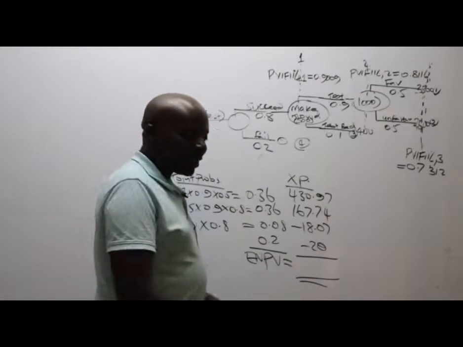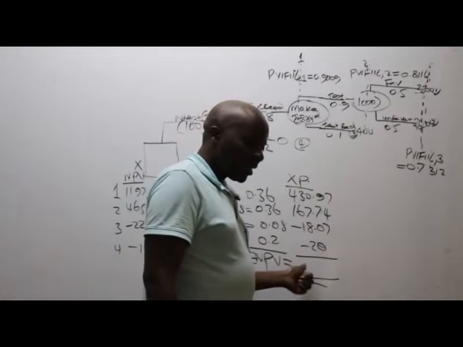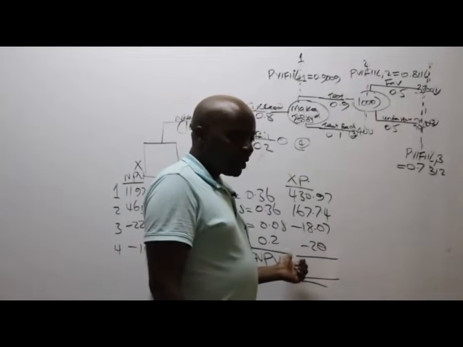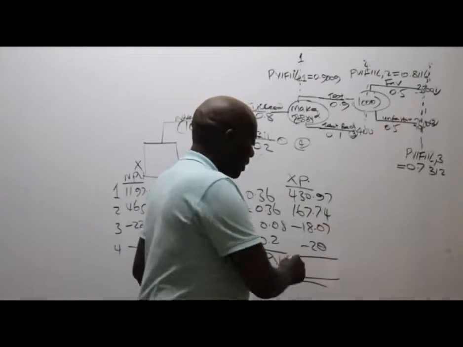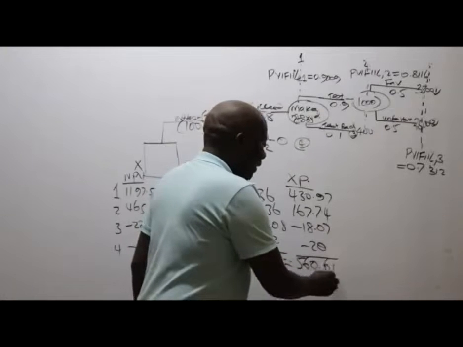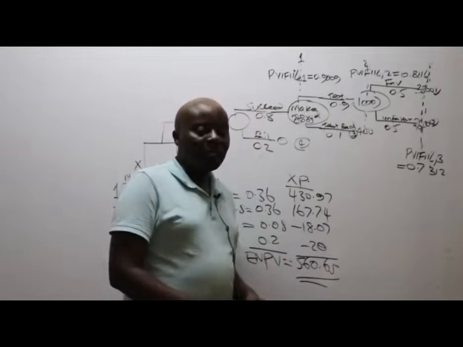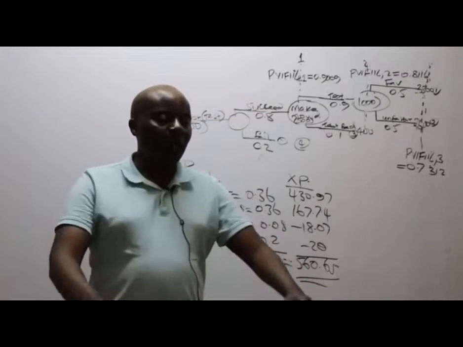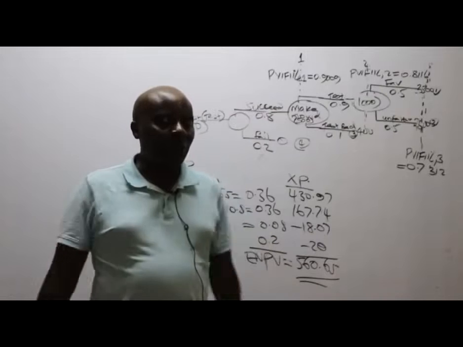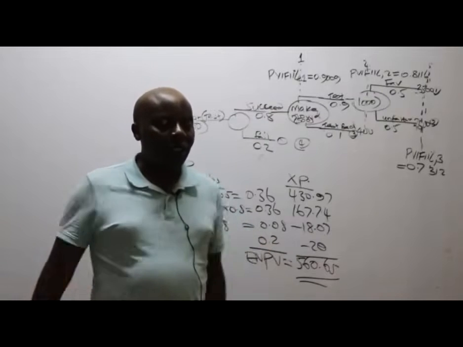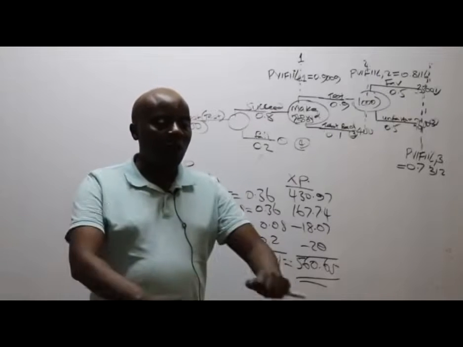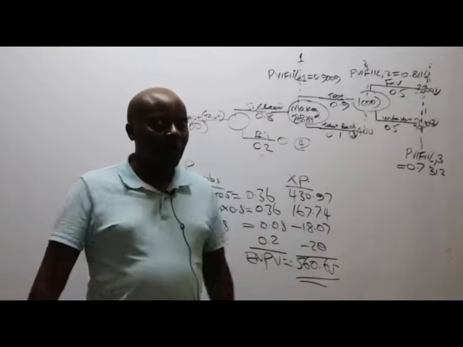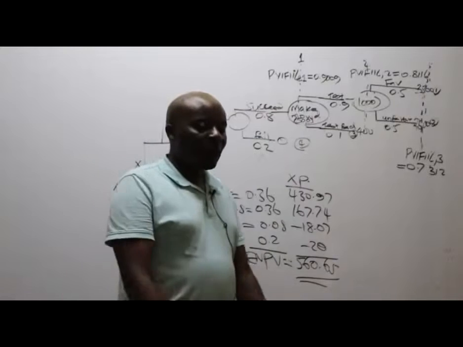So then the expected net present value, somebody is giving me the last figure here. What figure are we getting here? 560.65. This tells us that this project is viable.